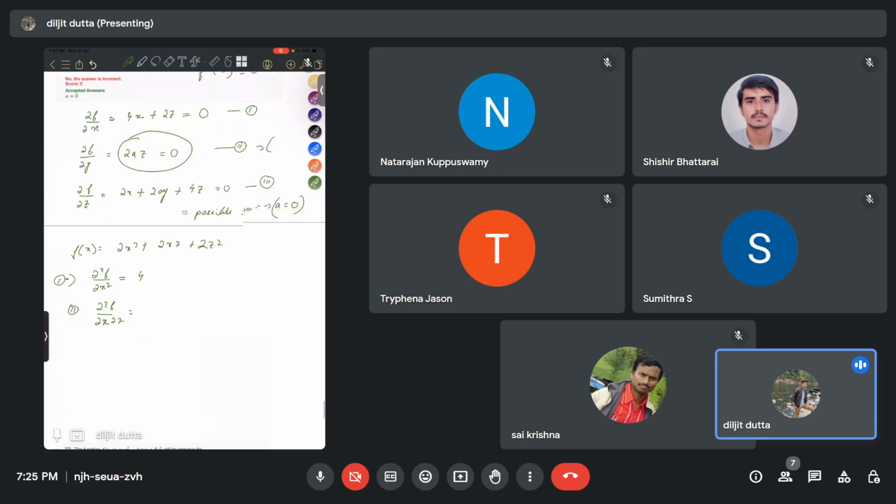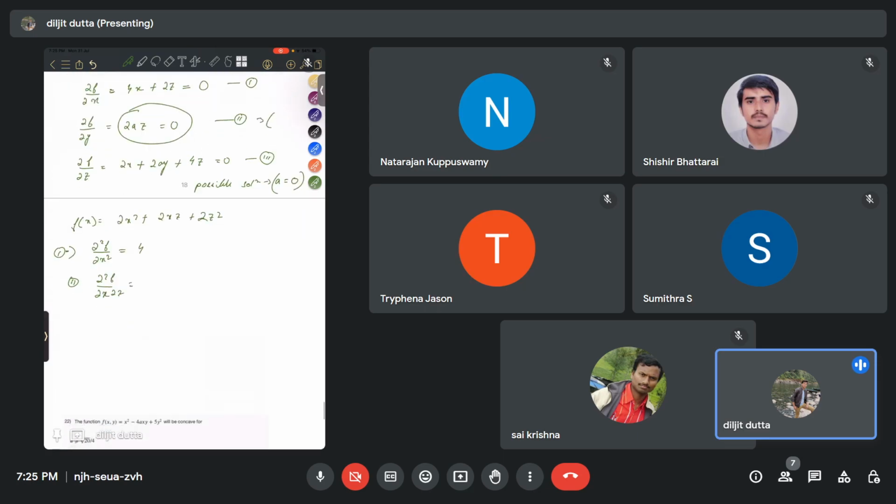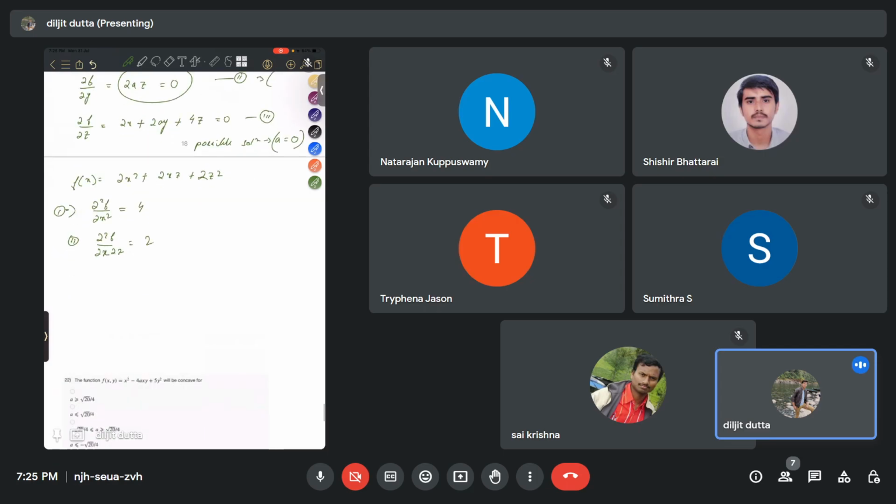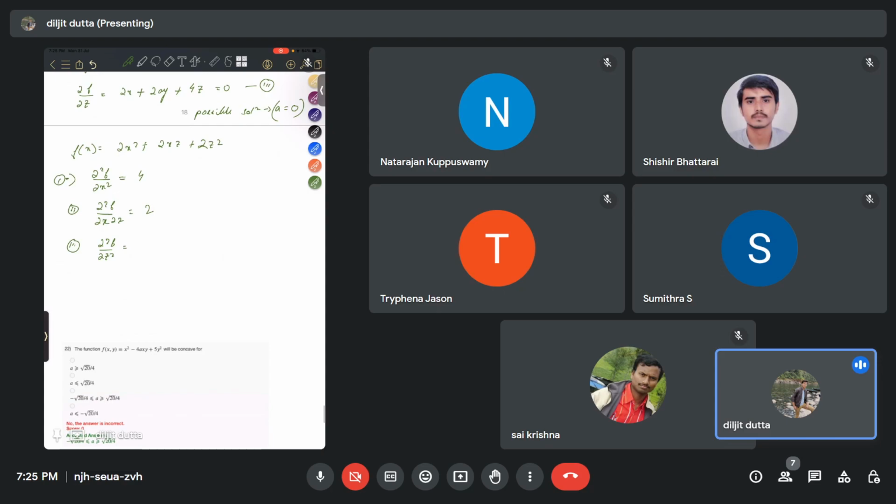We have del f by del x, and if we take it with respect to z, it will be 2. The third term is del square f by del z square. Here a is 0, 2x is 0, so it will be 4. So the Hessian matrix will be 4, 2, 2, 4.